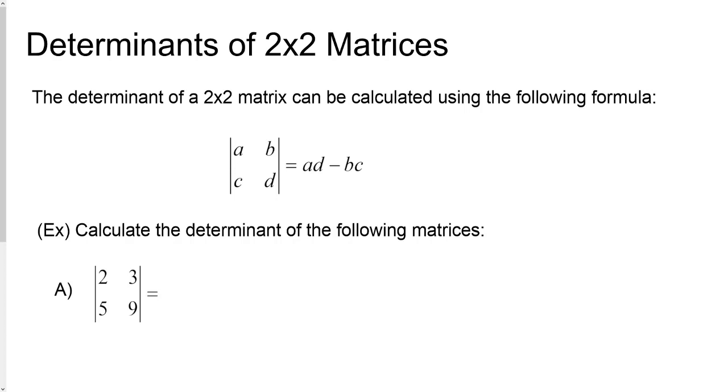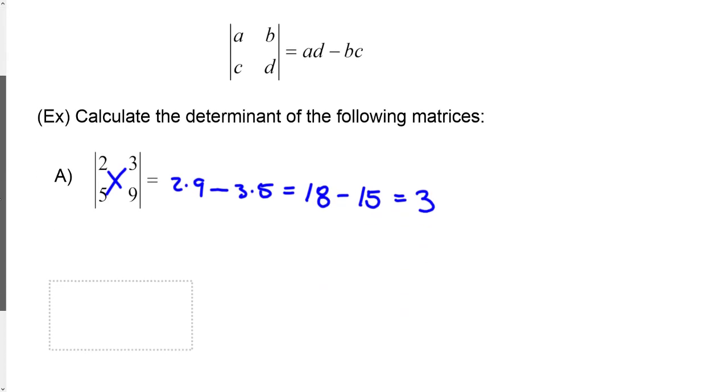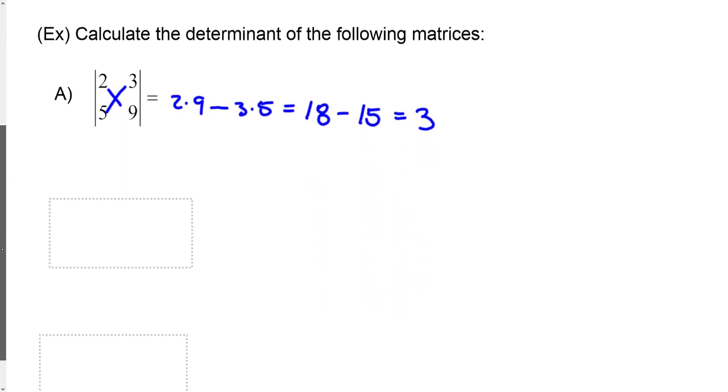I start off taking 2 times 9, then I subtract the product 3 times 5. So this becomes 2 times 9, which is 18, minus 3 times 5, which is 15. So the result is 3. So the determinant of this matrix is 3. And we'll look later on as to what that precisely means.